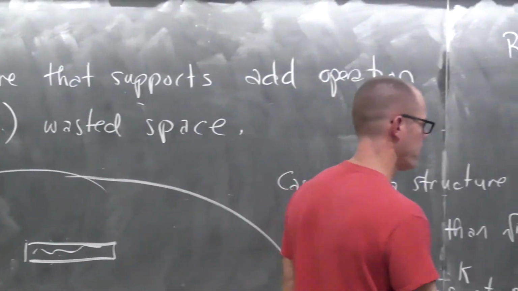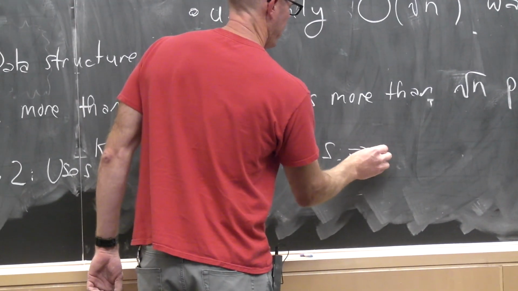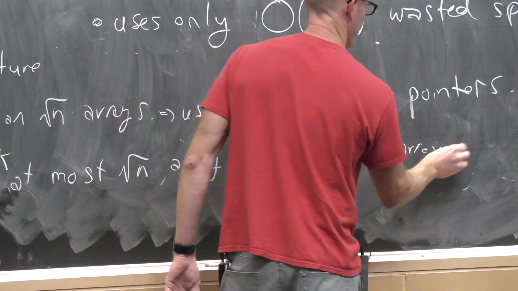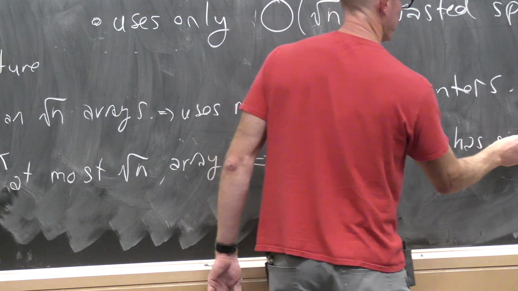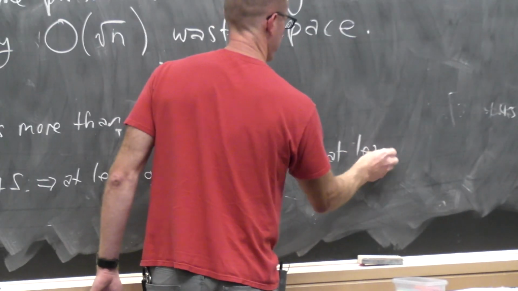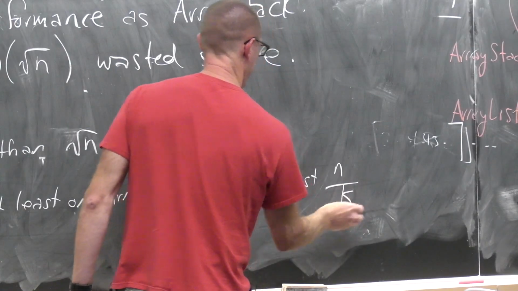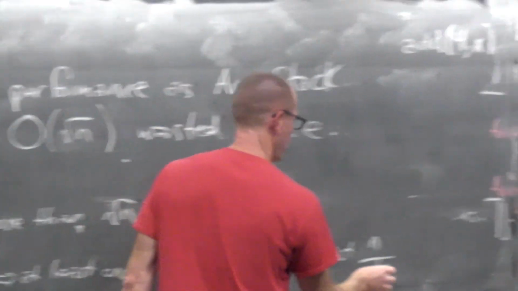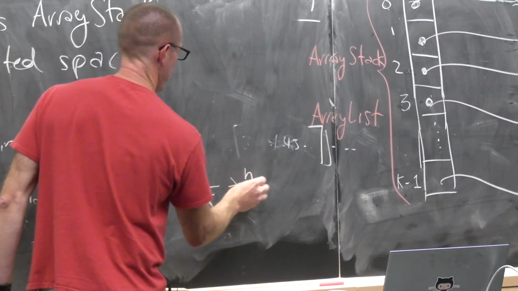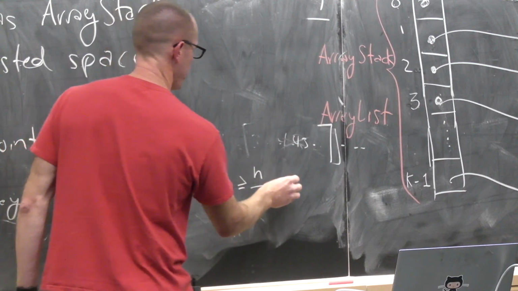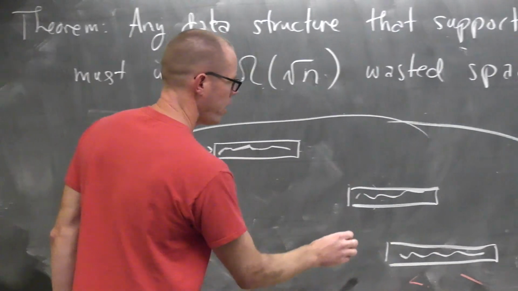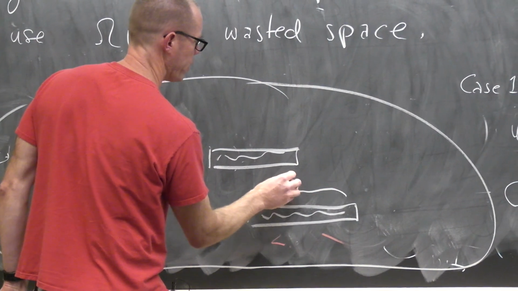So that means at least one array has size at least n over k. Now k is smaller than the square root of n, so that means that this is bigger than n over the square root of n, which means that this is bigger than square root n. So in this picture, one of these arrays here is of size bigger than or equal to the square root of n.